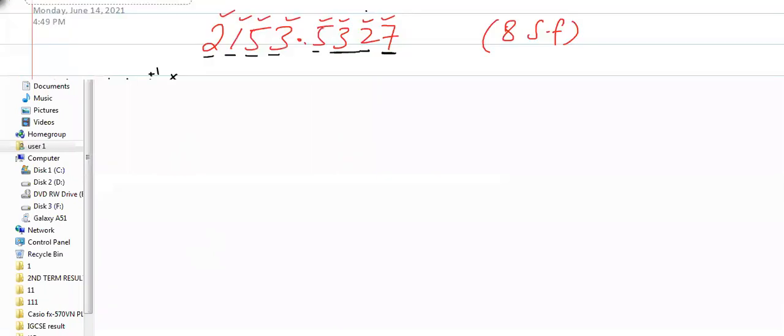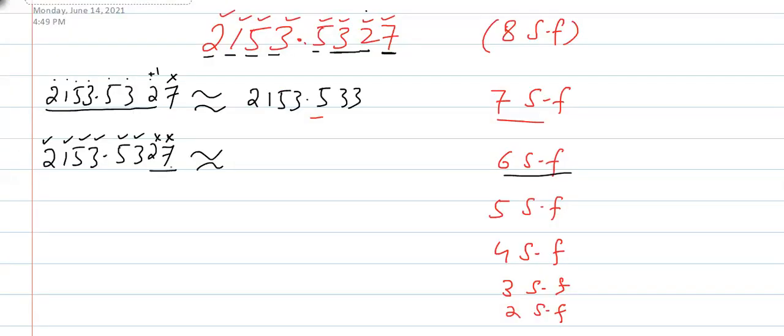Now, as I don't need these two, the very next one is 2. So it will not change anything, just remove them. It will become 2153.53. So these are 6 significant figures. Because you need till this one, and the very next digit is 2, so it will not bring any change. So just write as it is.